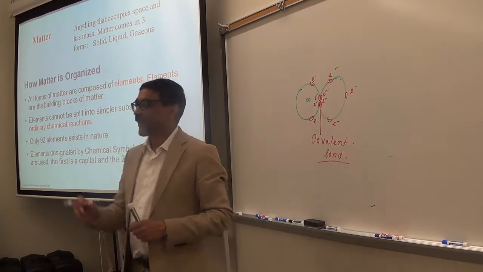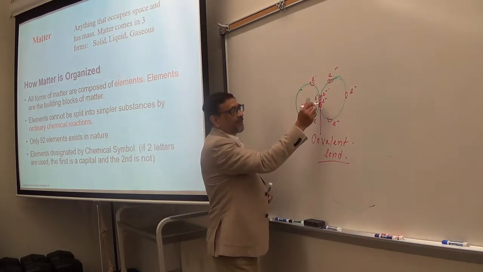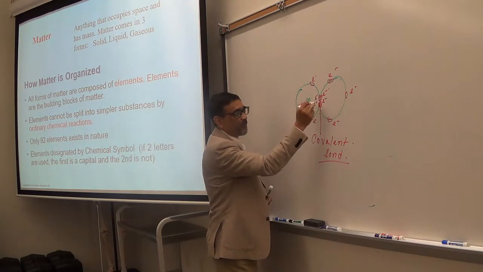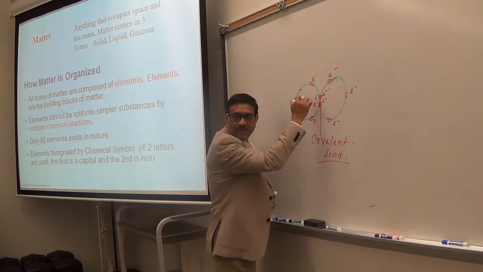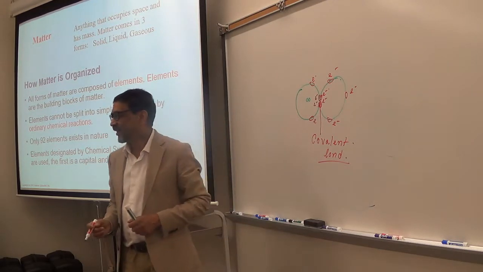Yes, so now since they are attached to each other, these two electrons are attached to these two electrons, so two pairs of electrons are being shared by both atoms. We say sharing, okay?